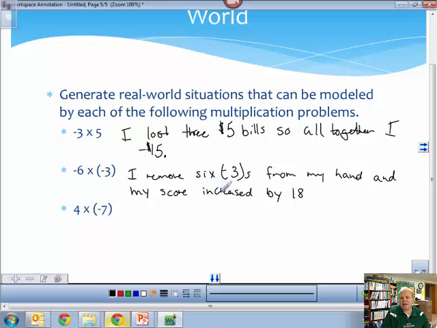I had 6 negative 3 cards in my hand, somehow I was able to get rid of them, so I removed them, and now my score went up by 18 points.